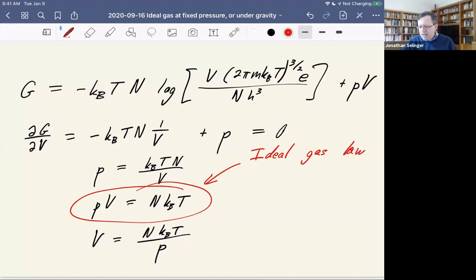Okay, so that is a law that describes the relationship between pressure and volume and temperature in an ideal gas.